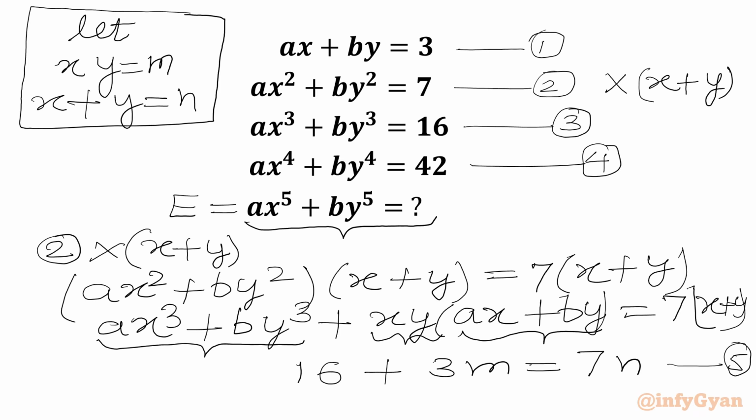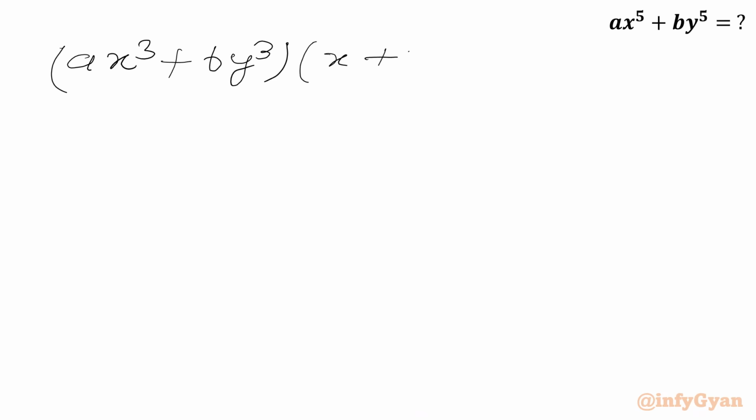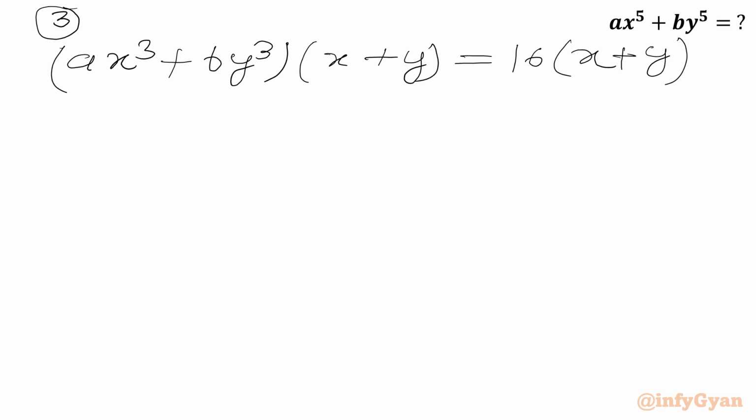Now we are going to multiply the third equation with x plus y. So I will write (ax³ + by³) times (x + y) equal to 16 times (x + y). This is equation number 3 multiplied with x plus y.